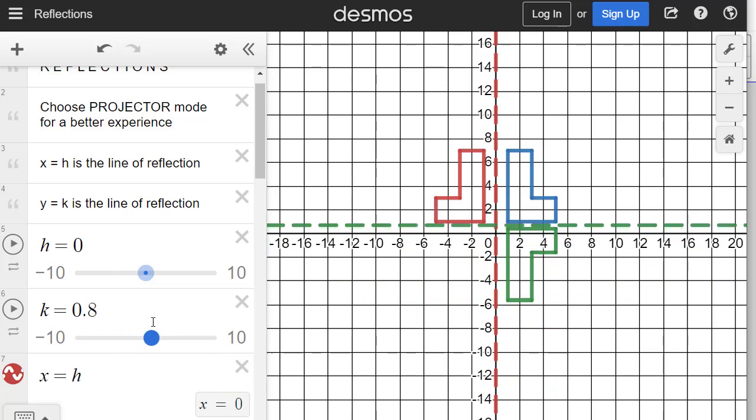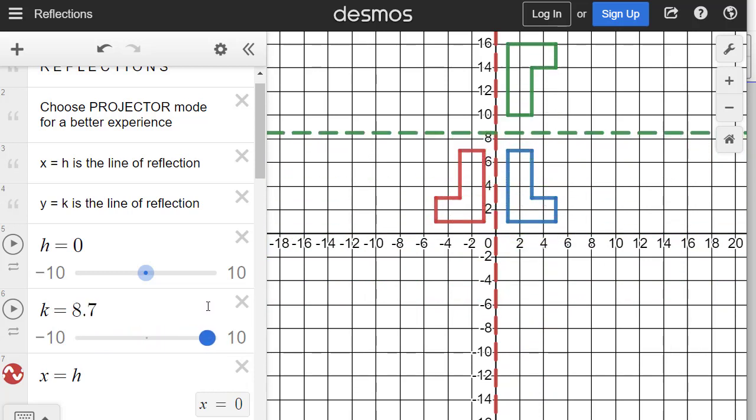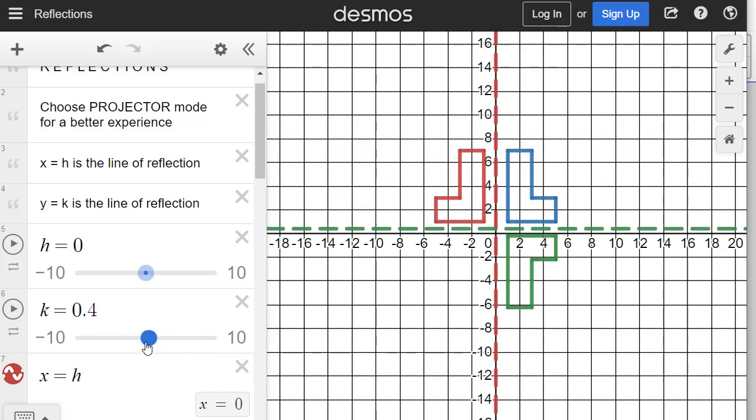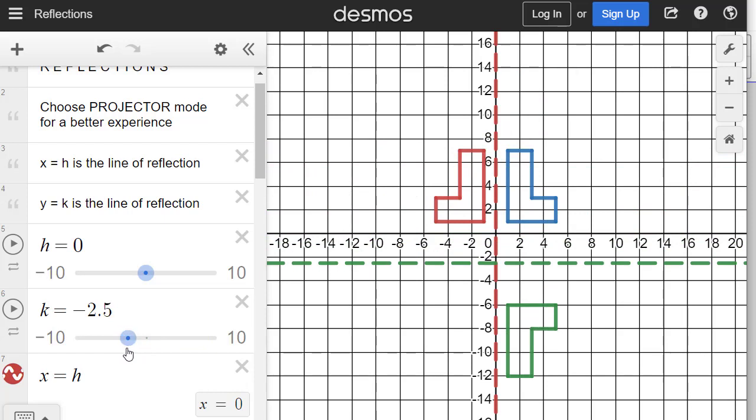Throughout the reflection process across horizontal lines, the x-coordinates are not changing. Notice that wherever I have this horizontal line, the x-coordinates of the pre-image and in the image are remaining the same. So we're at x-coordinates of 1 and 5, and here we're still having x-coordinates of 1 and 5. It's the y-coordinates that are changing when we have a horizontal line of reflection.